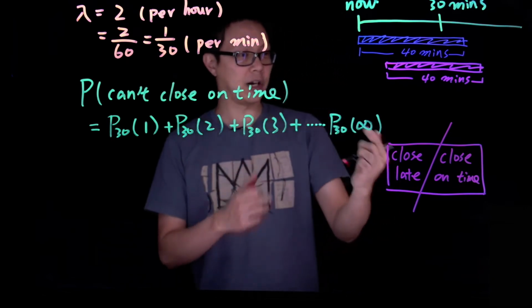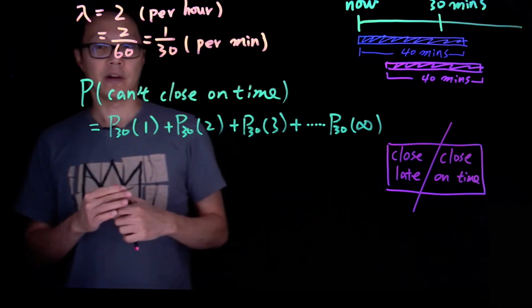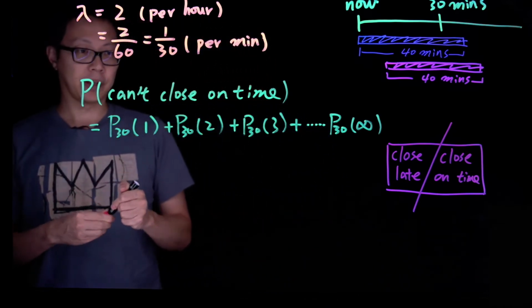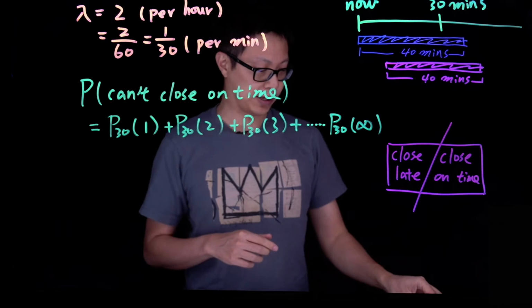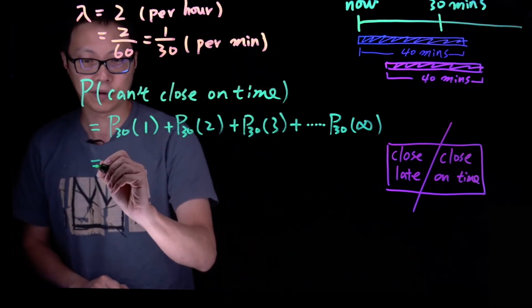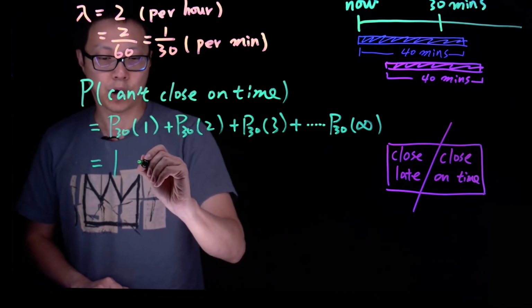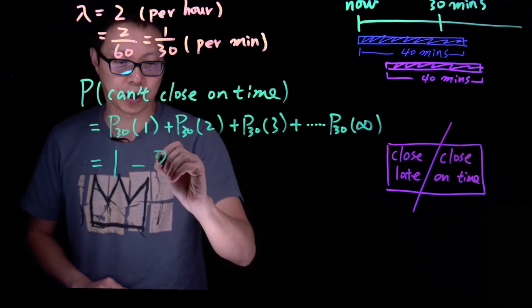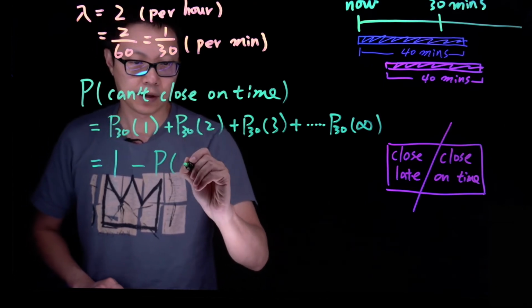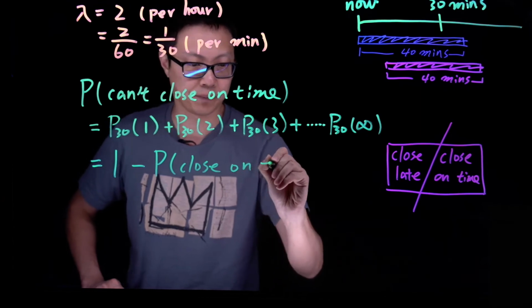So you either close late or you close on time. In other words, if we want to calculate the probability that you cannot close on time, basically it means that I can calculate the probability by using 1 to subtract the chance that I close the store on time.